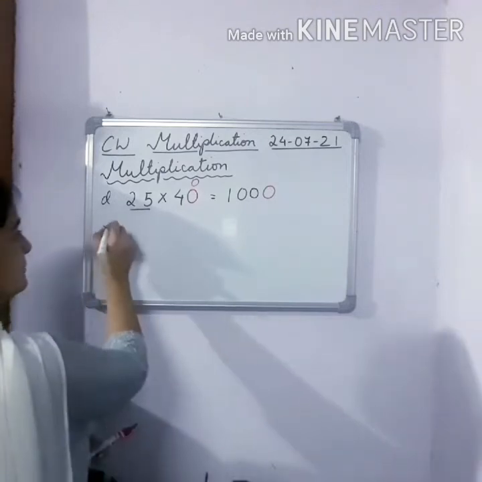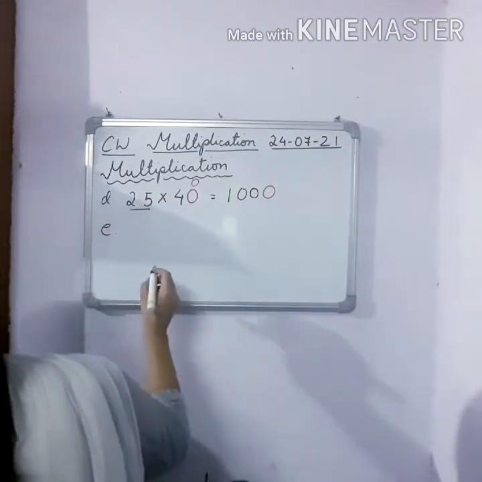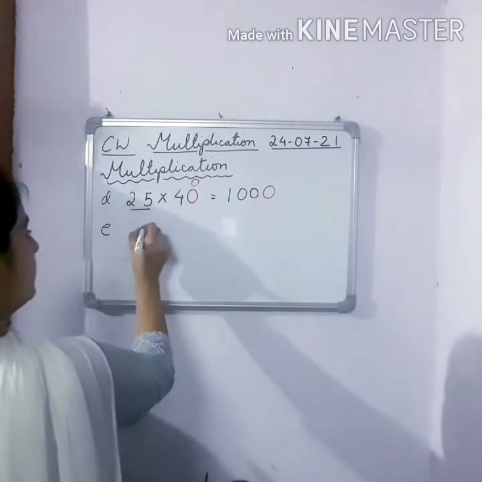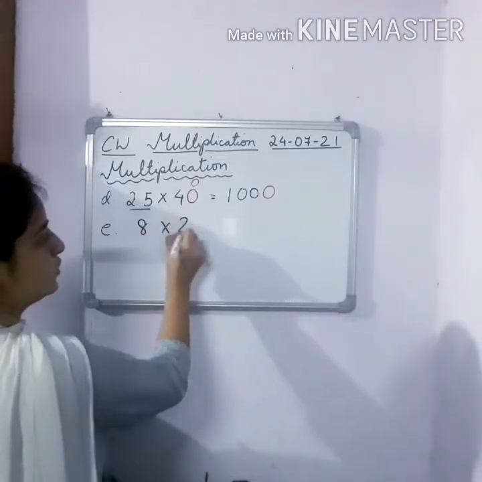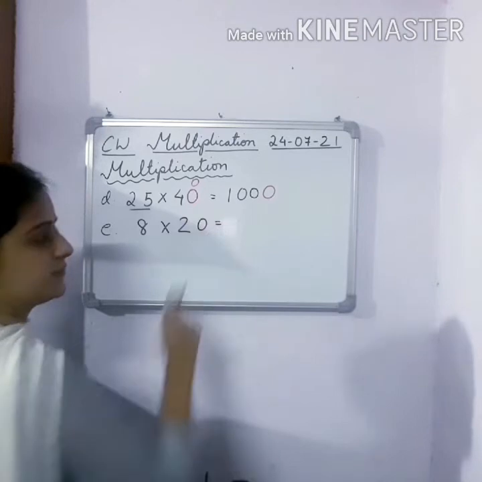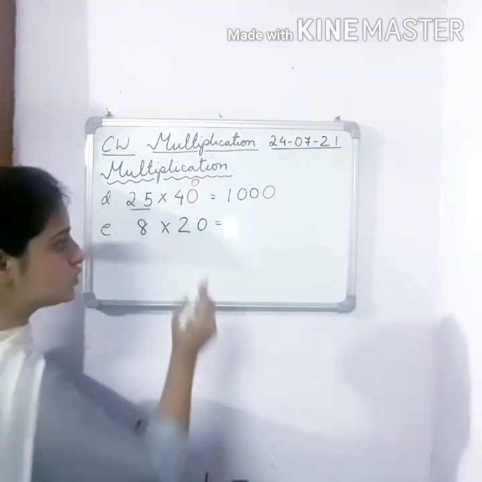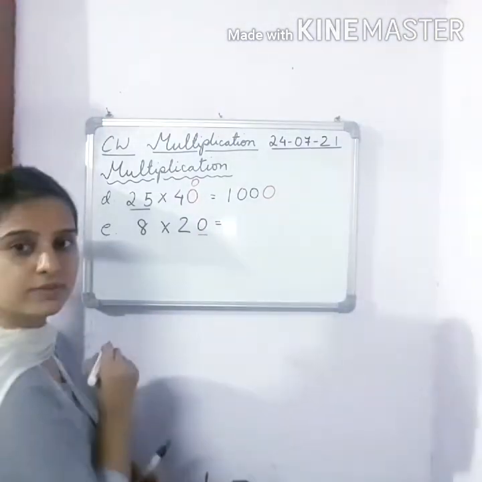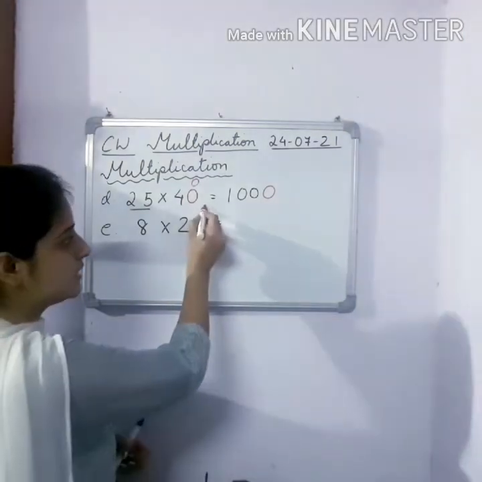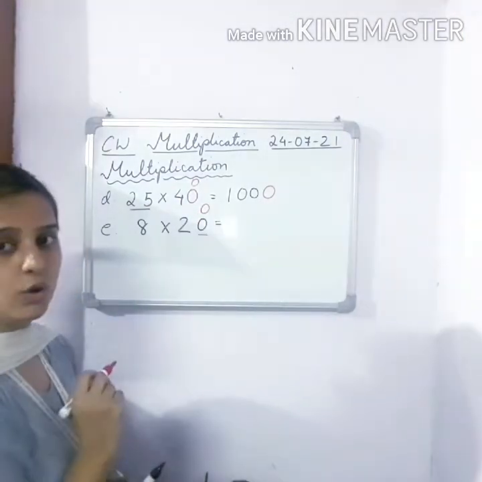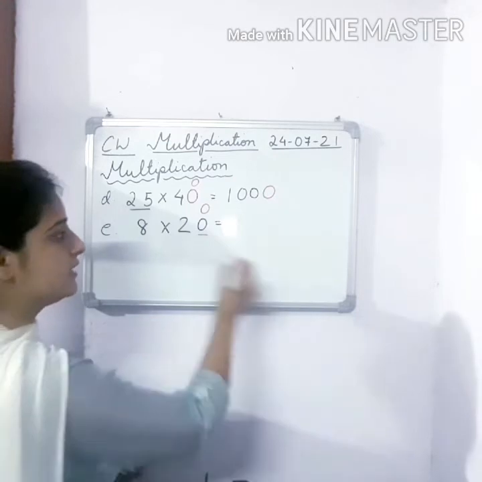Let's multiply 8 into 20. You can see this 0 is in which place? Ones place. How do we multiply?